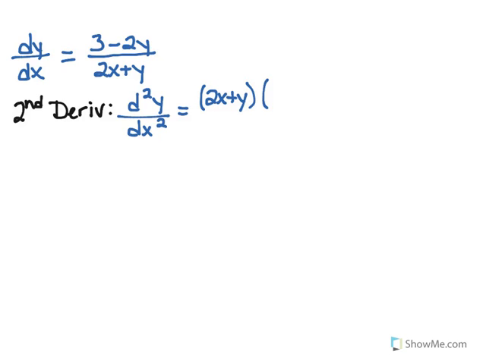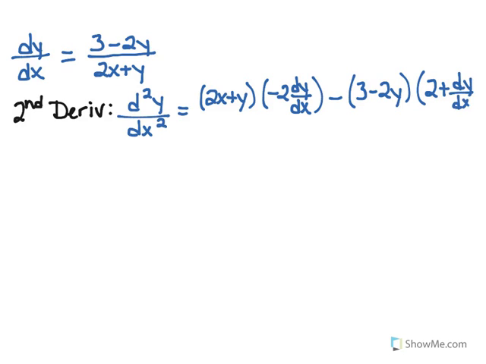D high, the derivative of 3 is 0, the derivative of negative 2y is negative 2 dy/dx. Minus high, 3 minus 2y. D low, the derivative of 2x is 2, the derivative of y is dy/dx. All over low squared, (2x plus y) quantity squared.